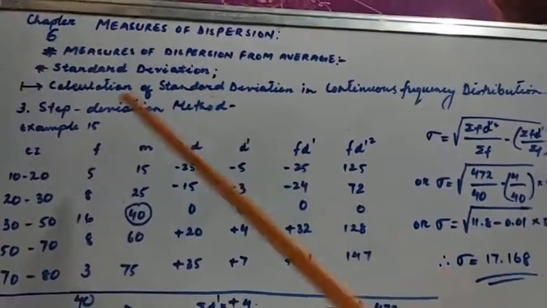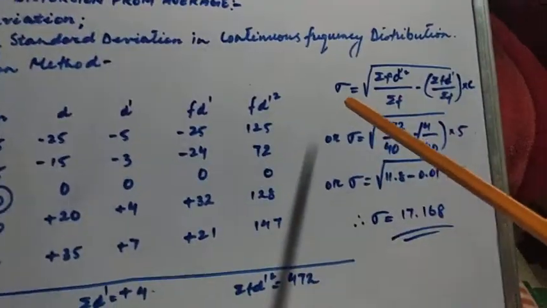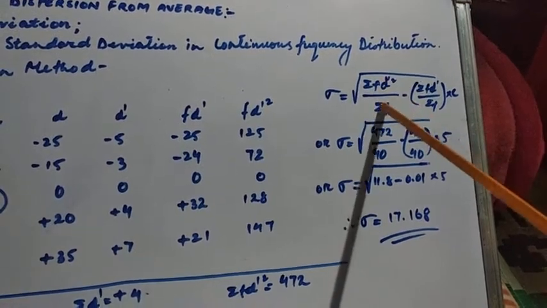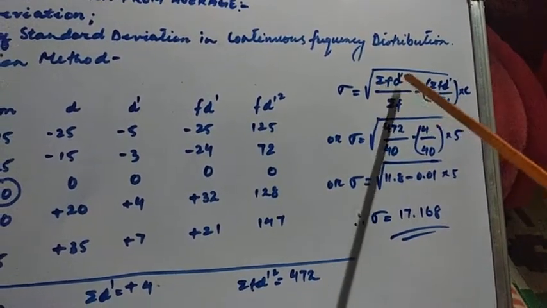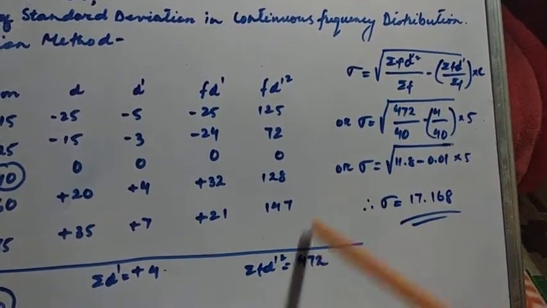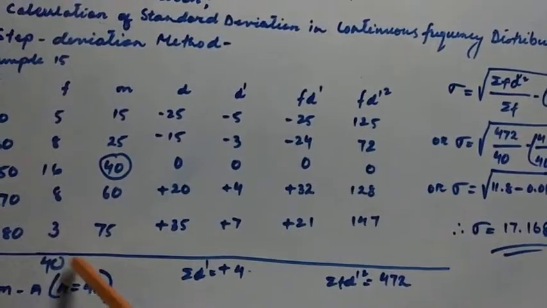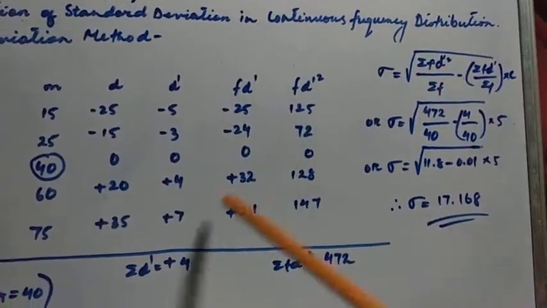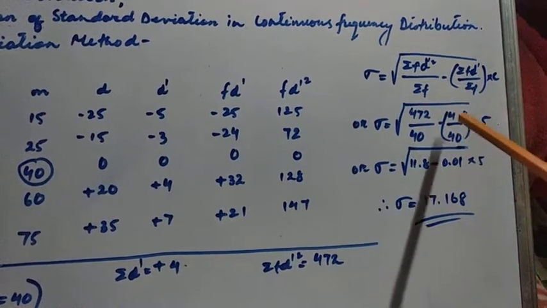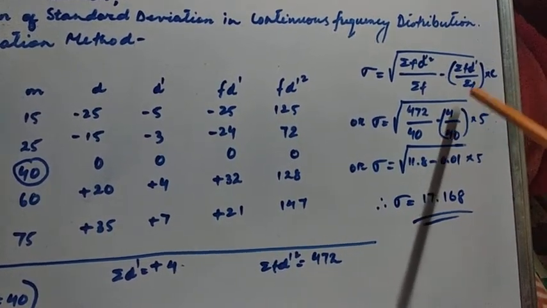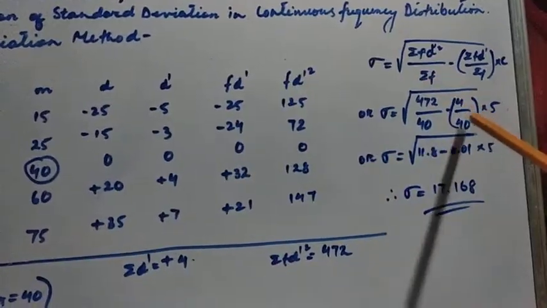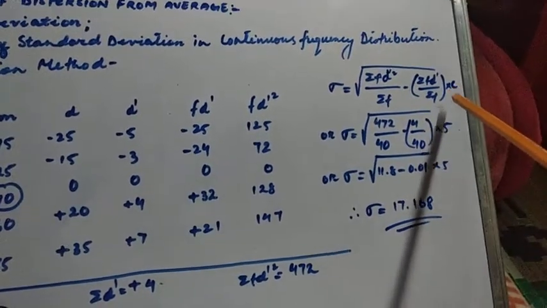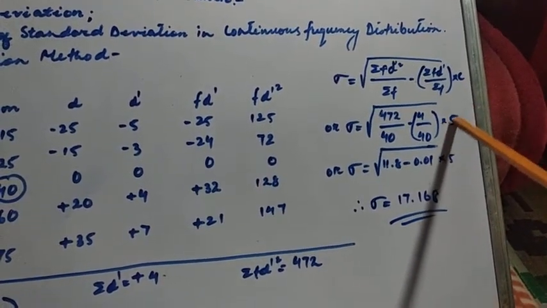The formula for the step deviation method is given here. You just substitute all these values. Summation fd dash square is 472, summation f here is 40, summation fd dash is 4, and summation f again is 40, into the common factor 5. C is the common factor 5.